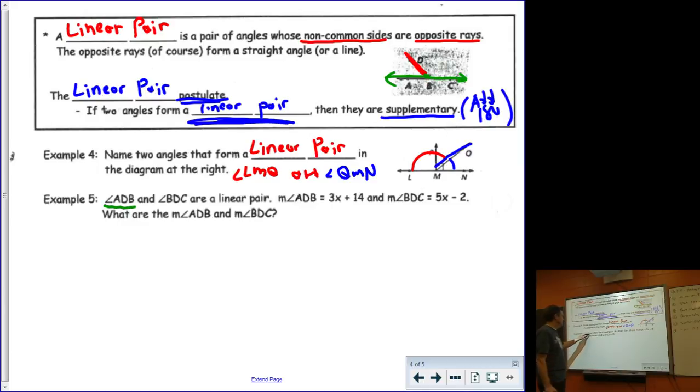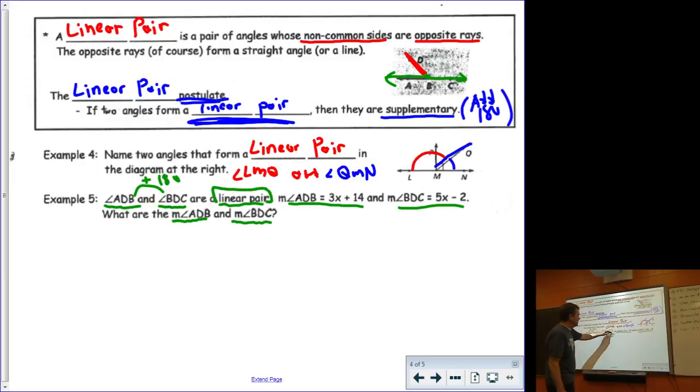Example 5 says, angle ADB and BDC are a linear pair. So that means these add up to 180, right? Well, the measure of angle ADB is 3x plus 14. And BDC is 5x minus 2. What are the measure of angle ADB and the measure of angle BDC?